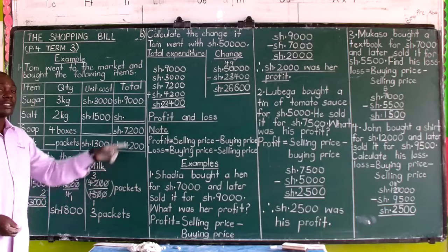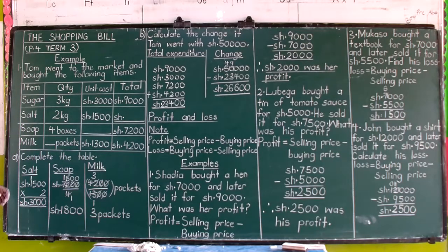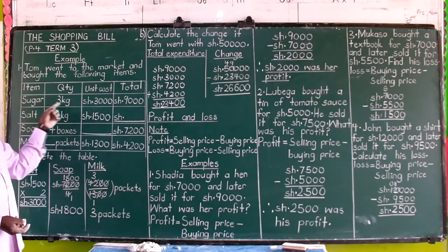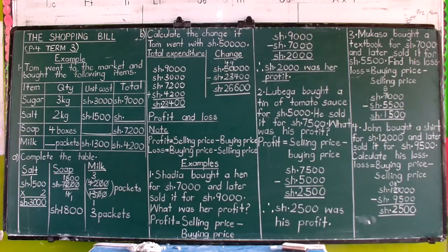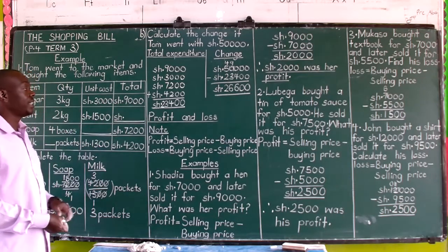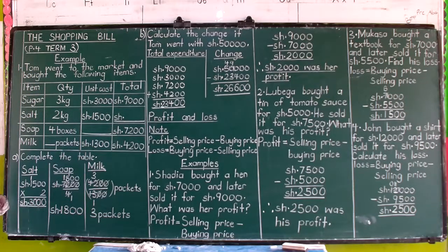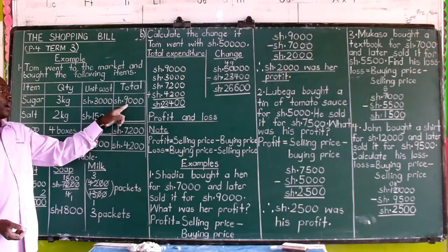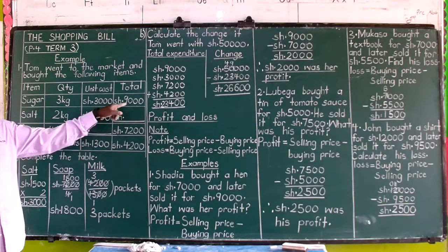It is fully given as 9,000. So in most cases, the first one is fully given without a gap. Here it means this man, Tom, bought 3 kilograms of sugar, each at 3,000 shillings, thereby paying 9,000 shillings. How does one reach the 9,000?